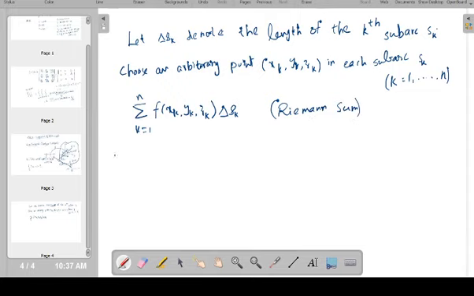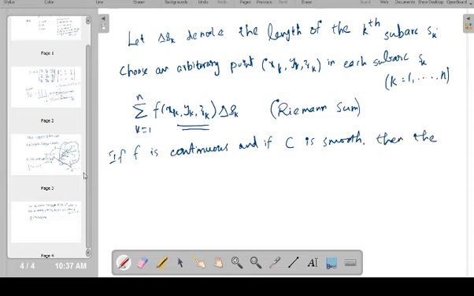And suppose f is continuous in its domain, and if your contour, the parameterized curve C, is smooth, then we can show that the above sum approaches a finite limit as n tends to infinity.